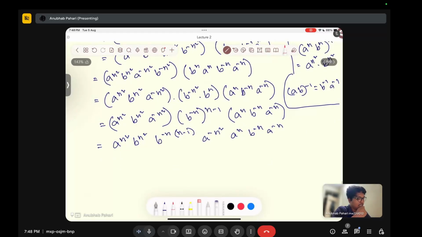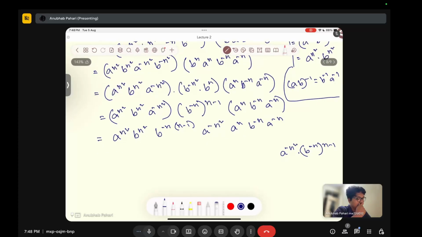What we have done is that a^(minus n square) b^(minus n minus 1) equals b^(minus n minus 1) to minus n square.